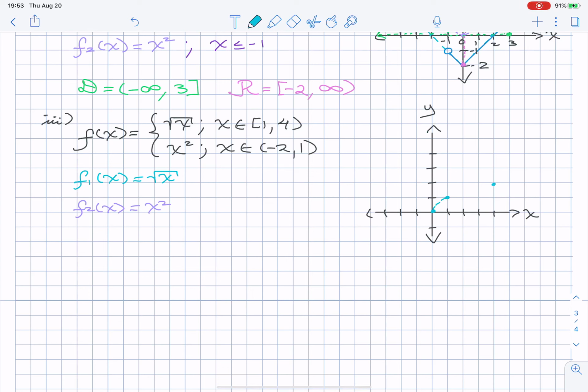So it looks something like so. And x squared, of course, is a parabola at 0, 0, or a quadratic equation, looking something like so.